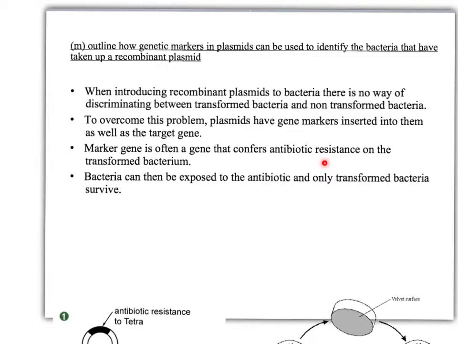They won't have taken up the ability to be antibiotic resistant, and they will therefore be killed. So bacteria can be exposed to antibiotic, and only transformed bacteria survive. So that's the overall principle. It's slightly more complicated than that, and I'll try to explain that through the following diagrams.